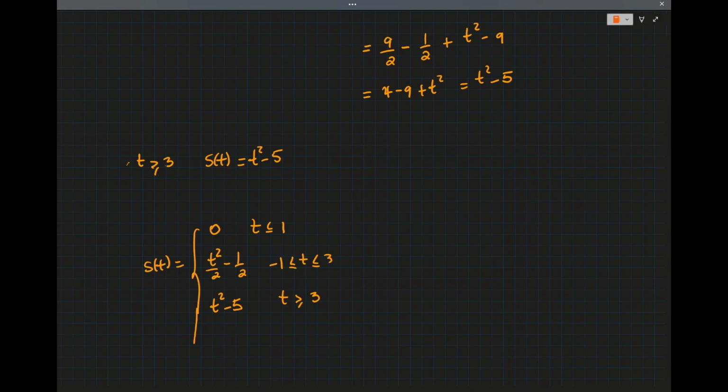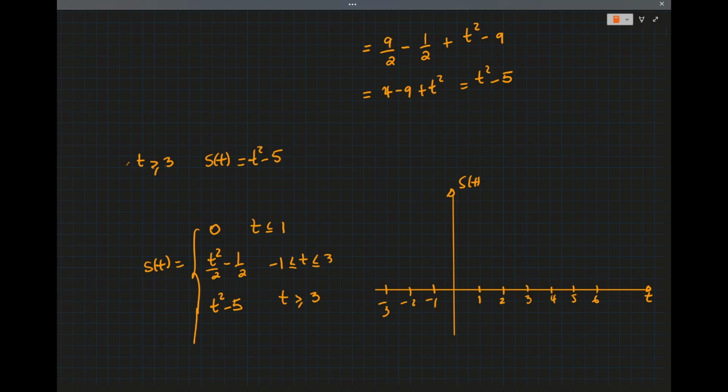Okay, so we can sketch this function x of t. So t here, x of t here. Let's say this is 1, 2, 3, 4, 5, 6, and so on, and -1, -2, -3.